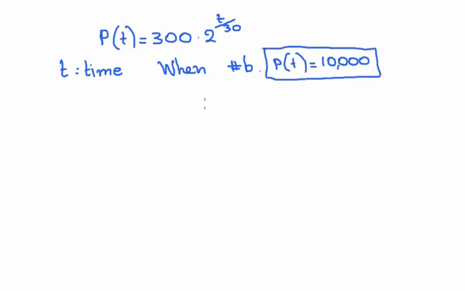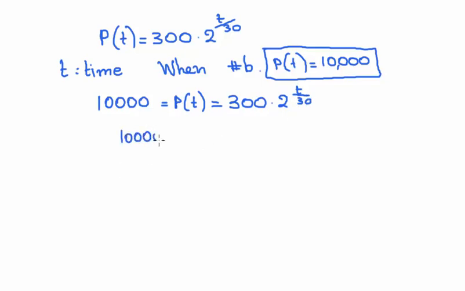Because we know that for the specific bacteria, when they reach the population of 10,000, then it's dangerous for the organism. So what we want to calculate is basically the t when the p of t is equal to 10,000. So the equation that we want to solve is the following.